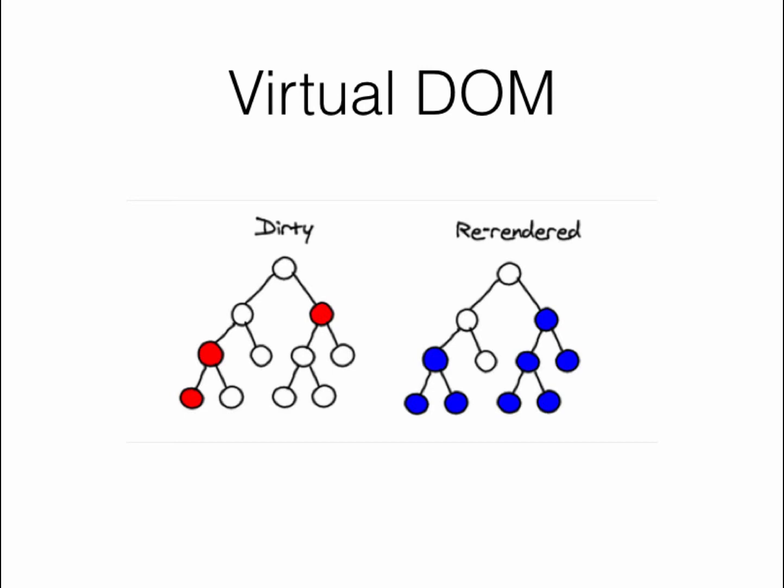But here, React has a genius technology called virtual DOM. So basically, instead of generating real DOM elements, it generates a virtual DOM data structure that holds your elements in memory. And when something changes, React computes the difference between the previous virtual DOM and the current virtual DOM. Through that, it detects what nodes have to be appended, what nodes have to be removed, and therefore it is fast.